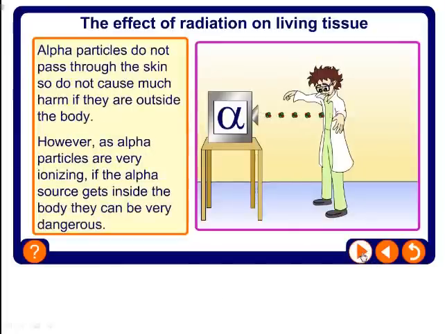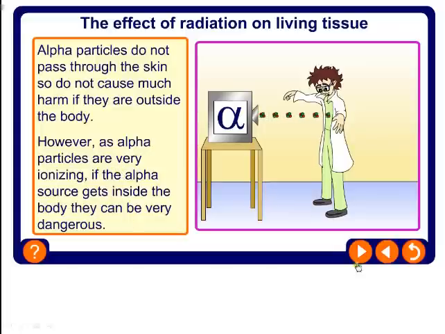In terms of alpha particles, if you remember from the last slide, they don't actually pass through paper, so skin will stop alpha. So you might think alpha is nice and safe, but unfortunately you need to think if an alpha radioactive source got inside your body, it would be very dangerous because the alpha radiation would be inside your body, so it could quite easily damage cells.